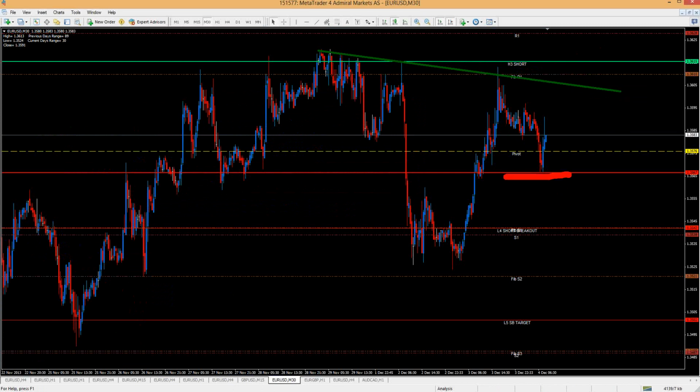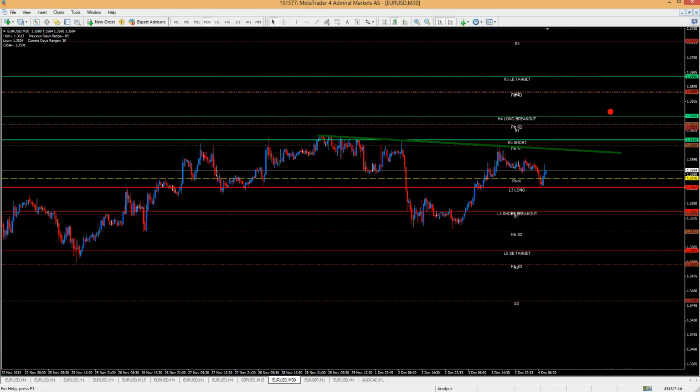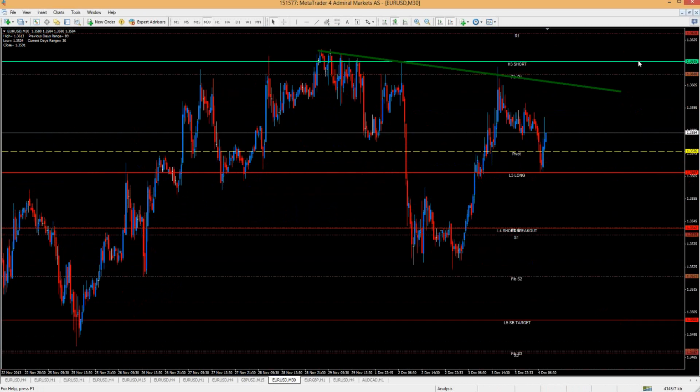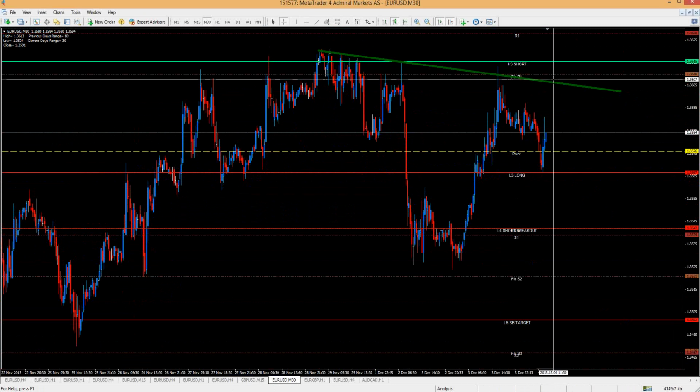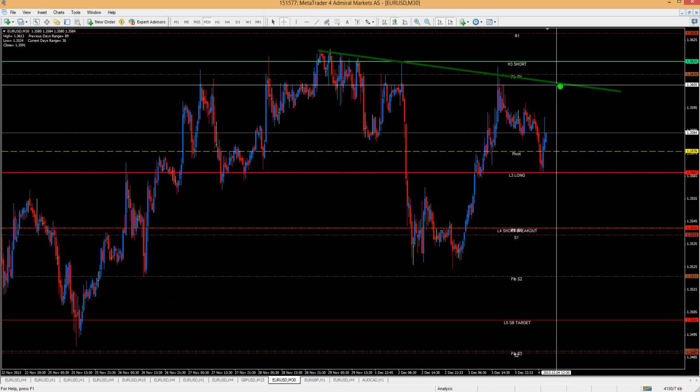There was an L3 long indeed there. Interesting. L4 short below 135.42. Down to 135. Where's the H4? All the way at 136.40. Interesting. 136.05. It could be worth it.